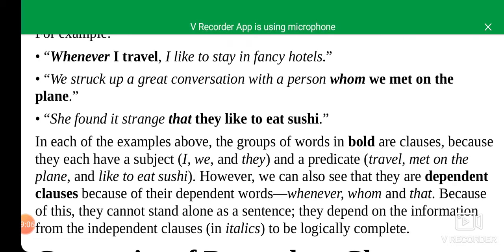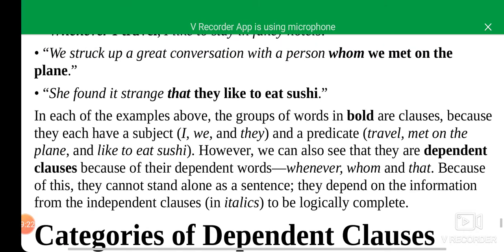She found it strange that they like to eat sushi. That they like to eat sushi depends on the previous sentence, she found it strange. So, my dear students, the purpose of today's video is to make you understand the difference between the dependent and independent clause.